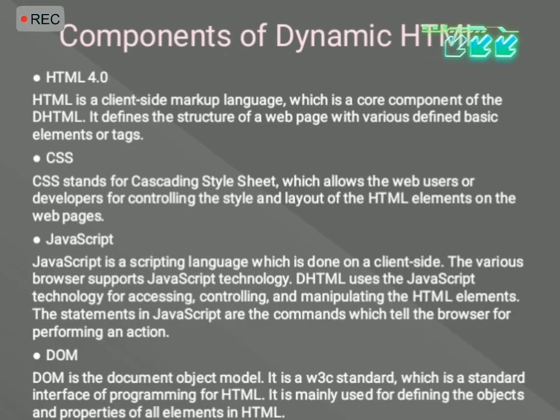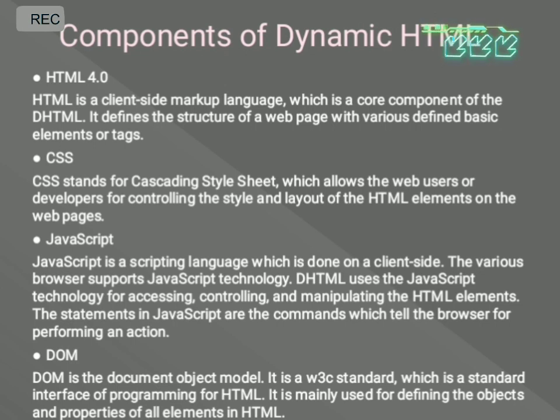CSS. CSS stands for Cascading Style Sheets, which allows web users or developers to control the style and layout of the HTML elements on web pages. It works alongside HTML to control the visual appearance of web pages, including aspects such as colors, fonts, spacing, and positioning.